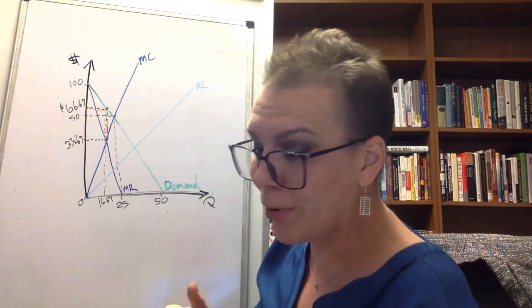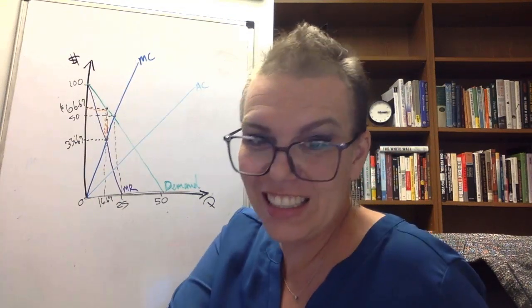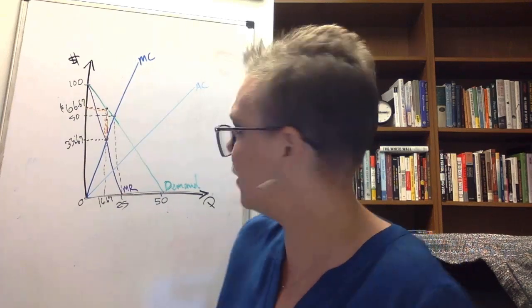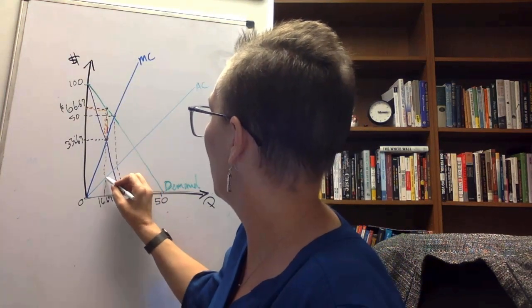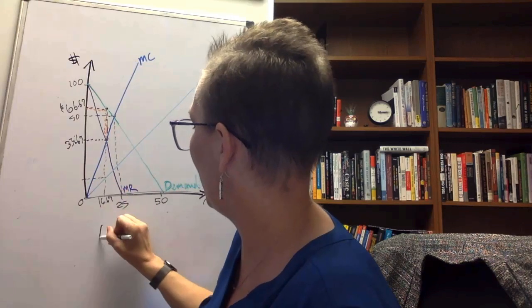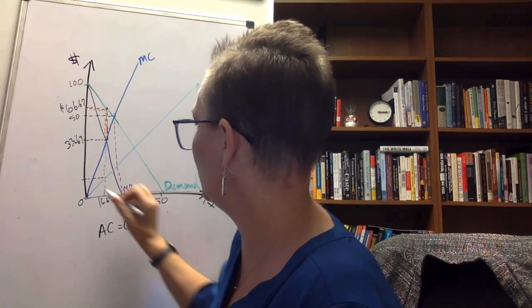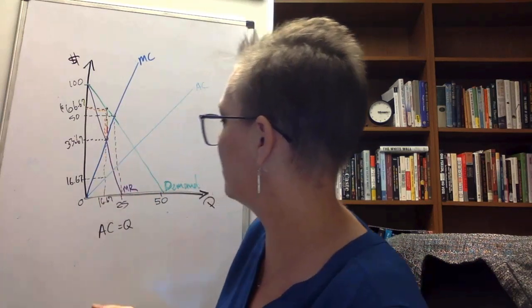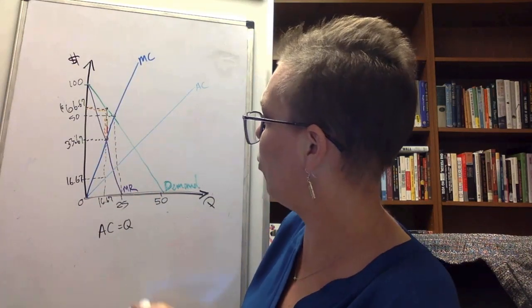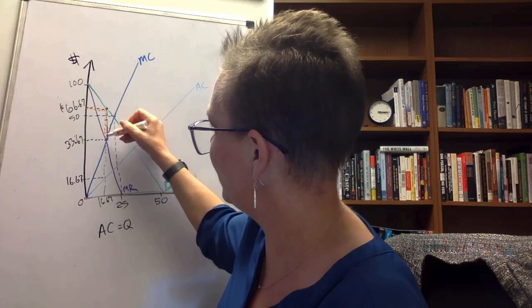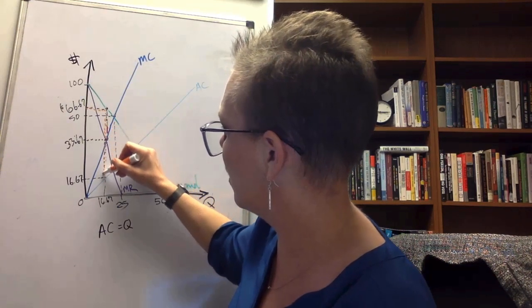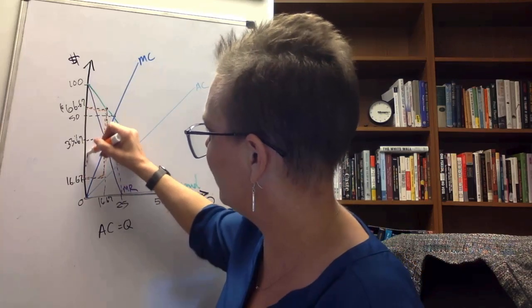And if you don't remember, our average cost is Q. And so our average cost is all the way down here. And average cost equals Q is 16.67. So our profits for our monopolist are pretty significant. So that's the sort of visual representation.